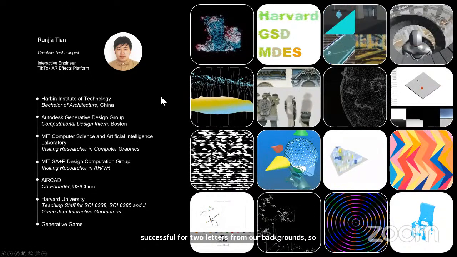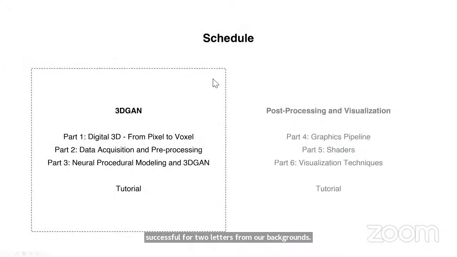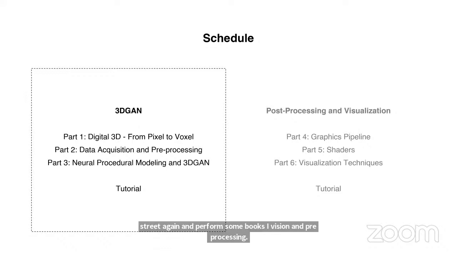Today we'll mainly go through the basics of using 3D generative adversarial networks for shape synthesis. The tutorial will be divided into three parts: why we use voxels for the 3D GAN, and how you can acquire the data for training the 3D GAN and perform voxelization and pre-processing on your own computer.